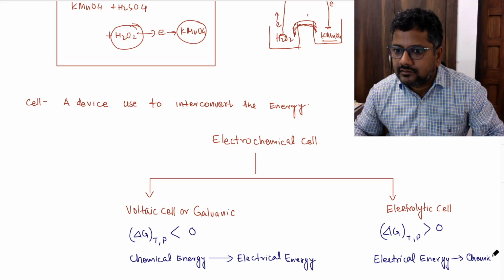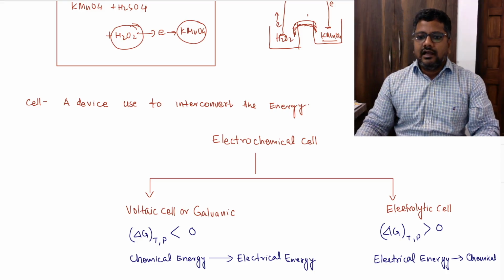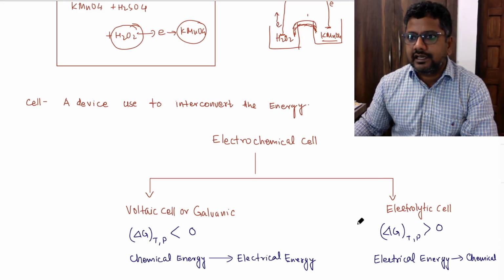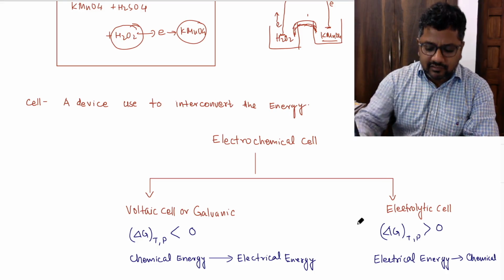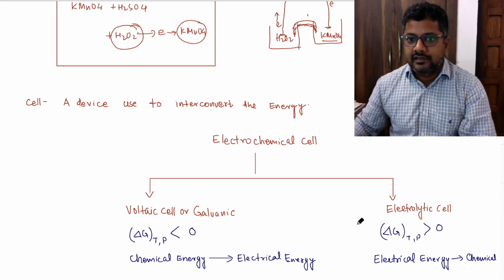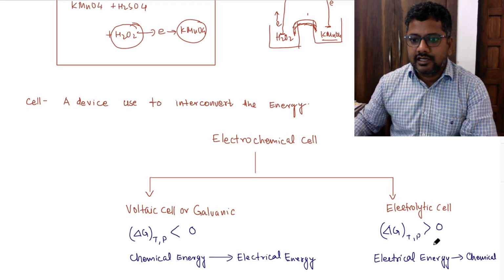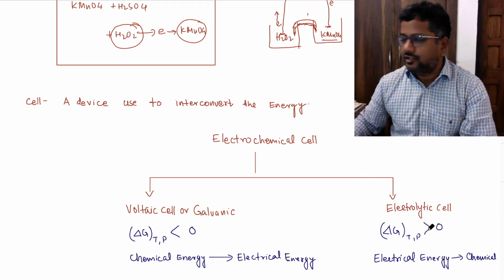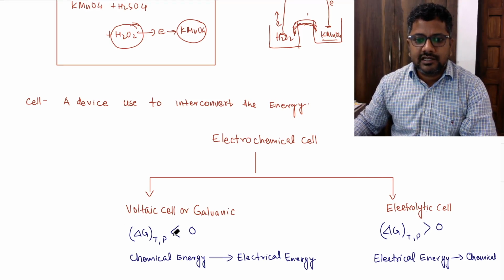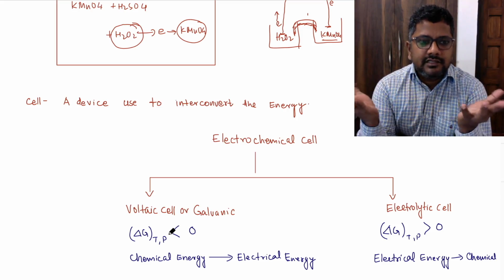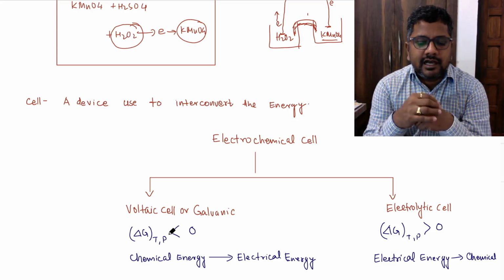Right? And what is the magnitude? The magnitude through which this electrical energy can be converted into chemical energy is the amount by which delta G is greater than 0. And here, what is the amount which can be converted into electrical energy? The magnitude by which it is less than 0.